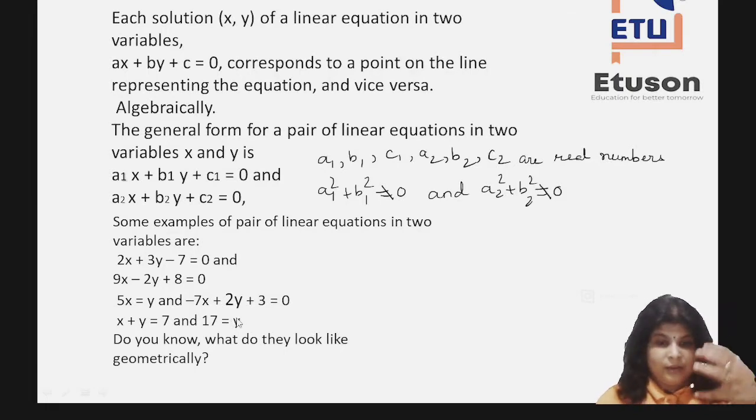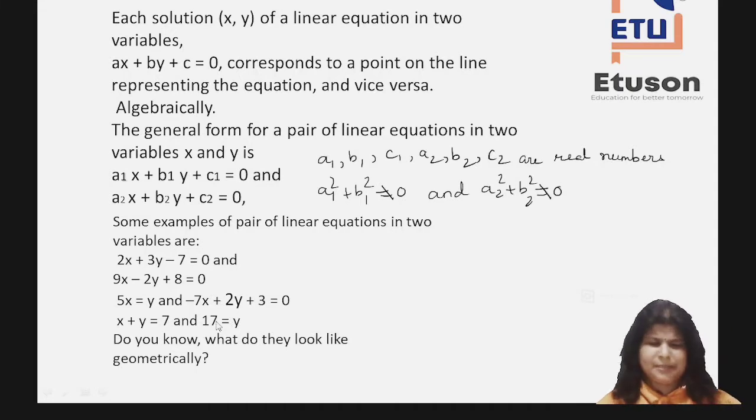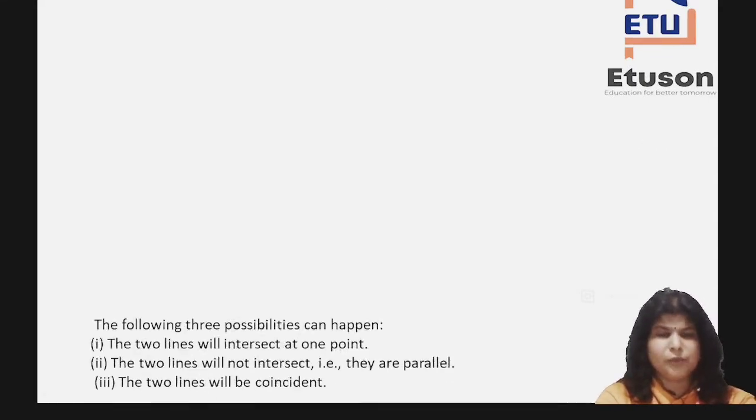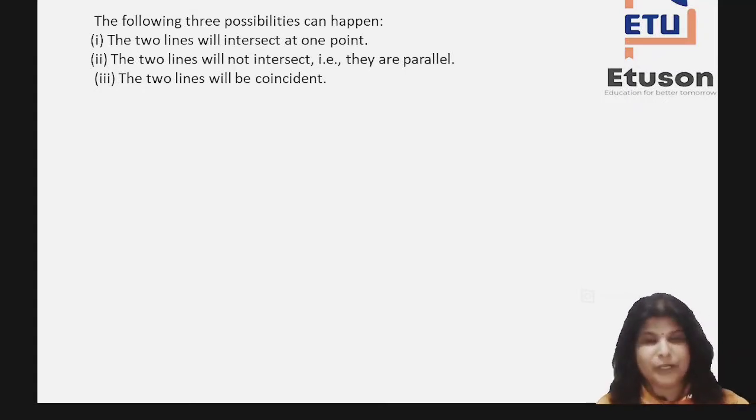So all these linear pairs of equations can be solved algebraically, right? Do you know what they look like geometrically? Let us understand it. For this we have to understand the different possibilities of the relationship between the two lines when plotted in a graph.